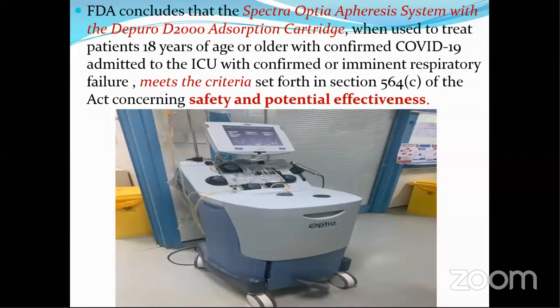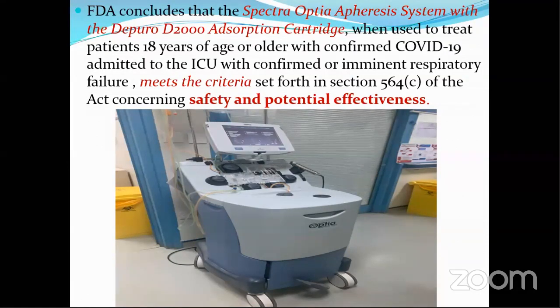The patients are 18 years old and above with confirmed COVID-19, with multi-organ failure in ICU, in respiratory failure, and we have to consider the safety and the potential effectiveness of the treatment. This is our machine to remove all the cytokines from the body. According to the FDA, this is for the trial only, not for treatment.